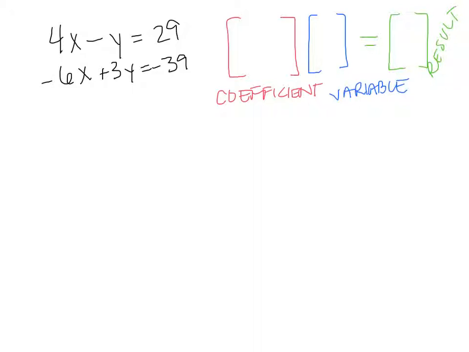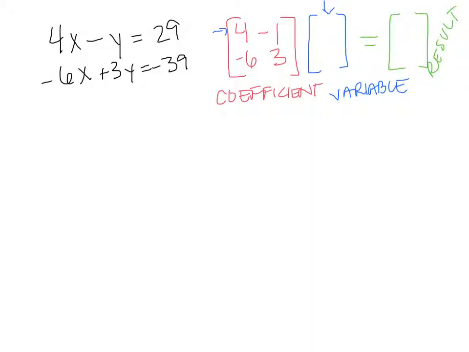So the coefficient matrix is just like it sounds, the coefficients of the variables. We have 4, -1, -6, and 3. Now the variable matrix. Think about how you multiply matrices. You do row 1 times column 1.